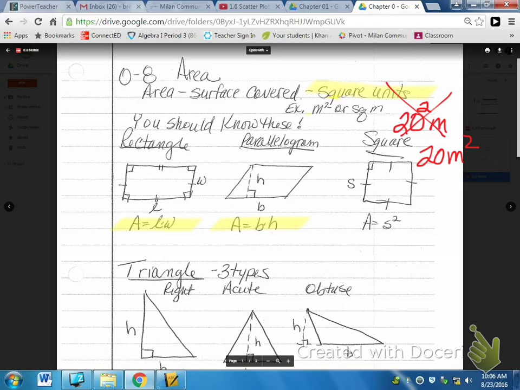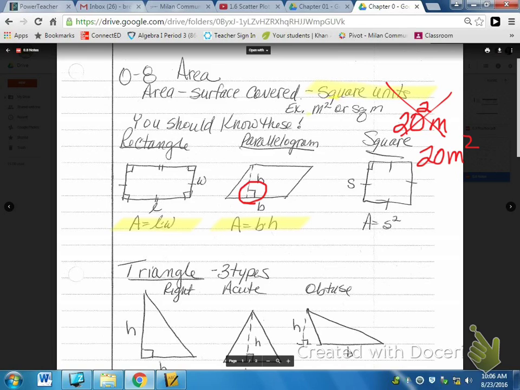I want to point out what they usually do with a parallelogram. It's kind of tricky. They give you this base, they give you this height, which is a perpendicular distance to the base, but a lot of times they'll go ahead and give you this number out here too, just to confuse you. So in a parallelogram, you've got to remember it's a rectangle that's pushed over. So you need to look for this right angle.